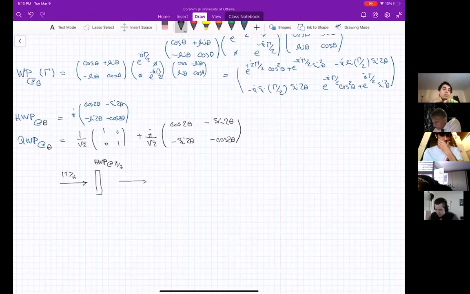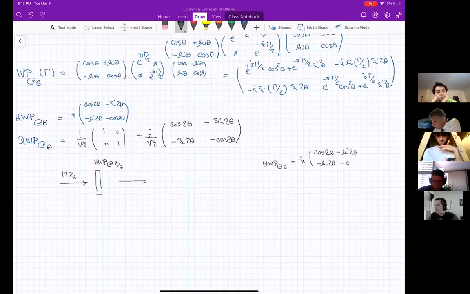So the action of a half-wave plate at angle of theta, you know very well. In general, it is i, cosine of 2 theta, minus sine of 2 theta, minus sine of 2 theta, minus cosine of 2 theta. By the way, these should be known to you, right?